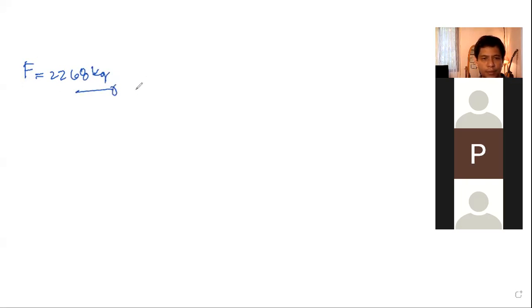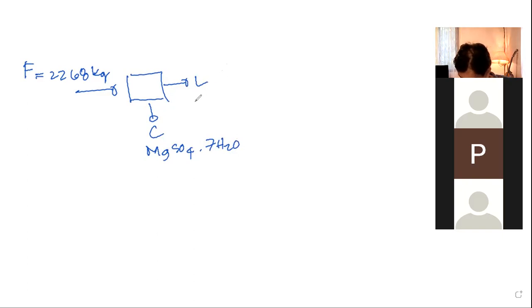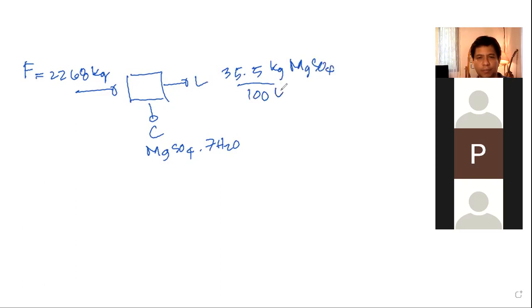Ito yung papasok doon sa crystallizer natin. Wala naman nag-evaporate, no? So we only have the liquid and the crystal. So crystal is given to be magnesium sulfate heptahydrate, 7H2O. Kailangan niyo yung molar weight nito. Tapos ang solubility niya sa solution ay 35.5 kilogram magnesium sulfate per 100 kilogram of water.